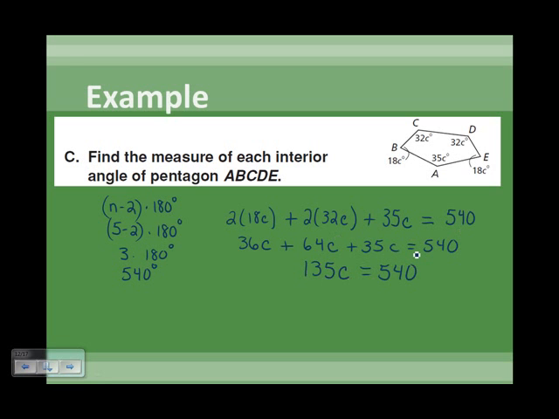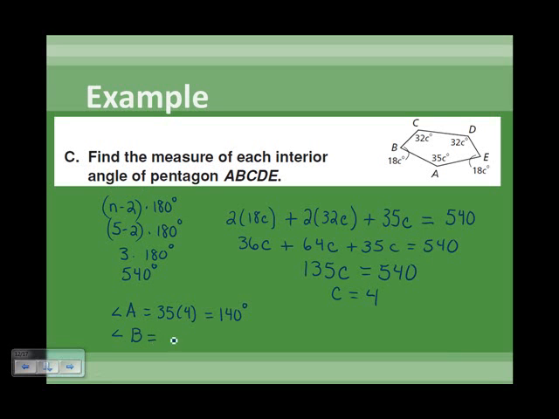So if we divide both sides by 135, 540 divided by 135, we end up with C is equal to 4. So if I'm going to find the measure of each angle, we've got angle A, which is 35 times 4, so two of those is 70, which equals 140 degrees.